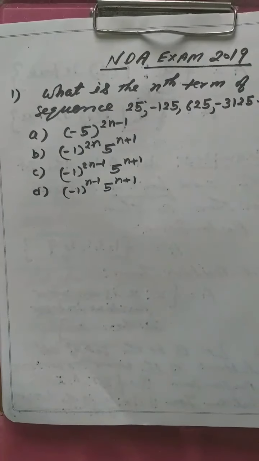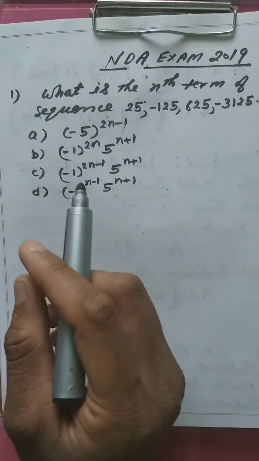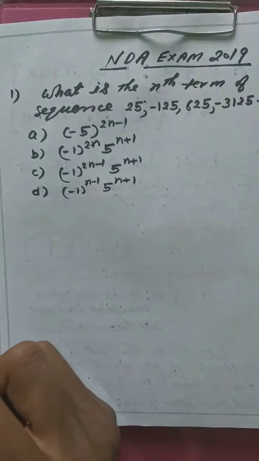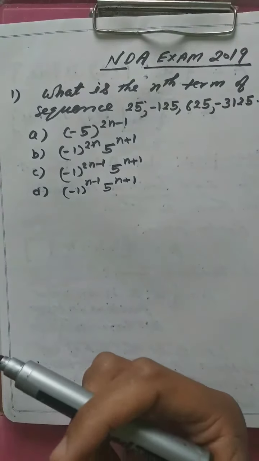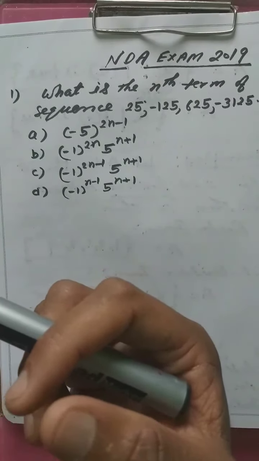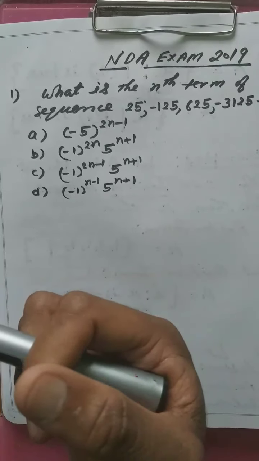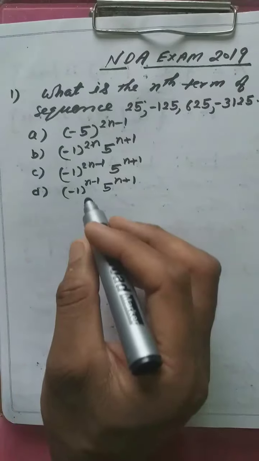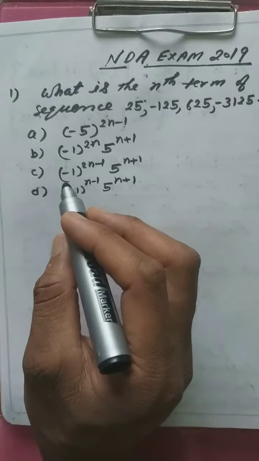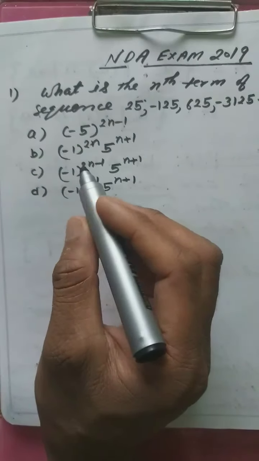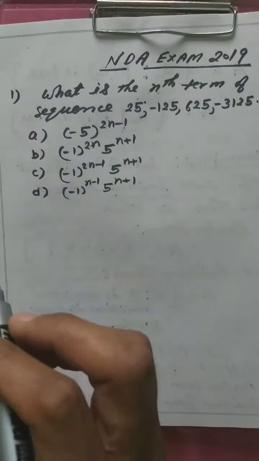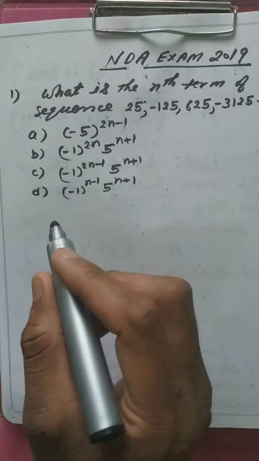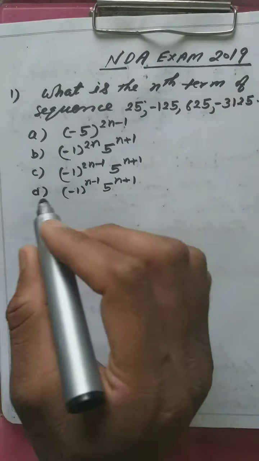Let us start. At first, we need to understand which type of sequence this is, whether it is AP, GP or HP. If it is GP, we have to check its common ratio.